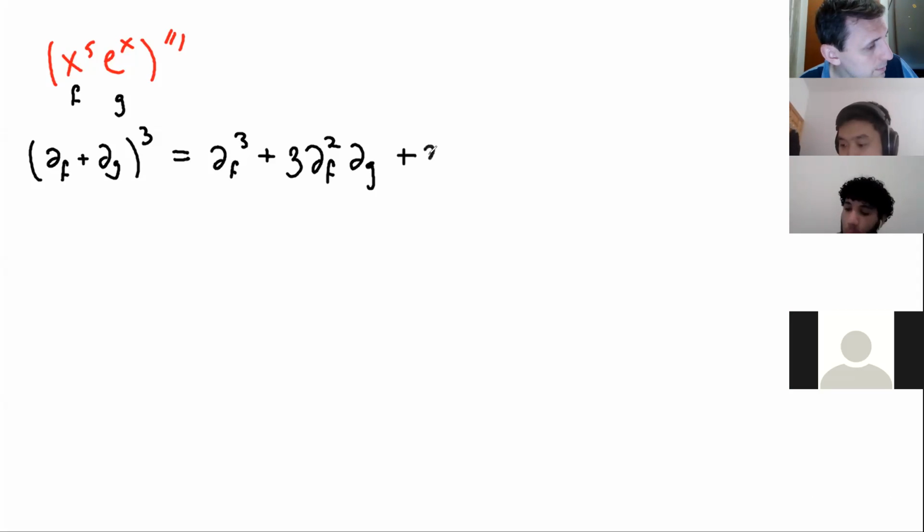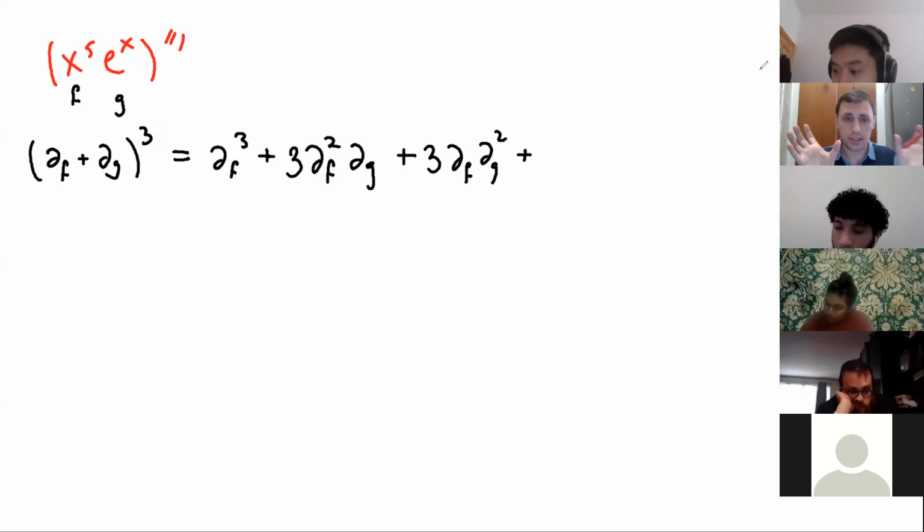Plus 3, the derivative of f, the derivative of g squared, plus... do you understand? I'm hoping, guys, that the symbols are not just symbols. You understand how I reason, right? So if I take derivatives, I take them consecutively, right? So that's why that idea is supposed to work. If you want, I'll re-explain it.